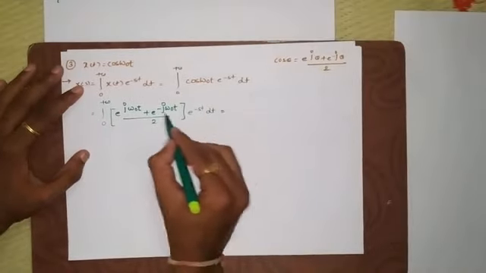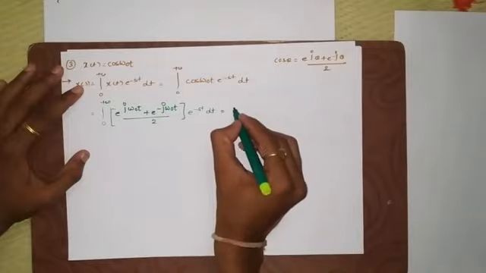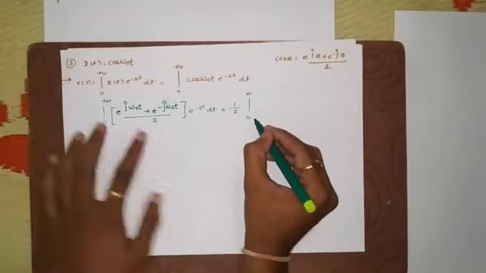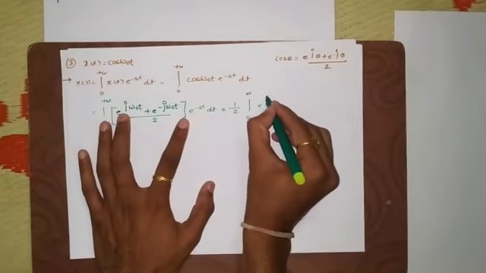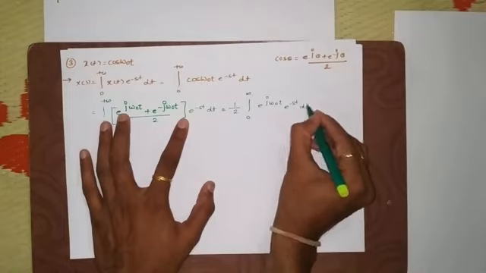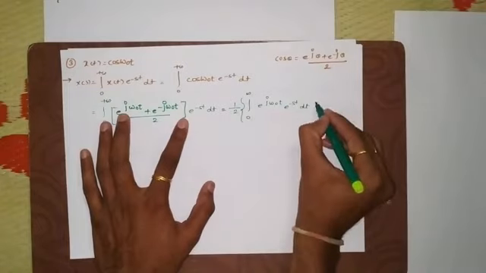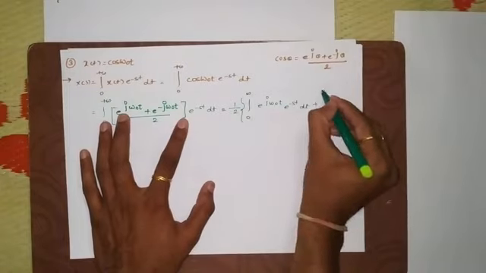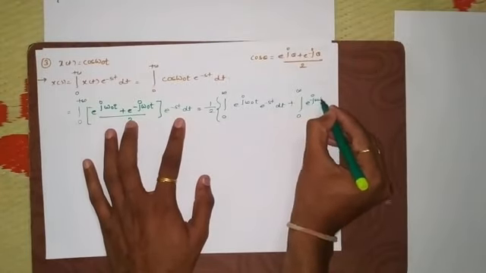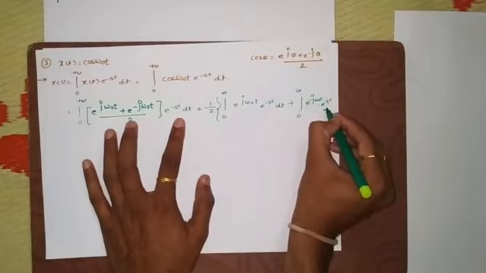Now we'll multiply e to the power minus st with this. We'll get 1 by 2 outside. Integration, first term e raised to j omega naught t into e raised to minus st dt, plus next integration term 0 to infinity, e raised to minus j omega naught t, e raised to minus st into dt.